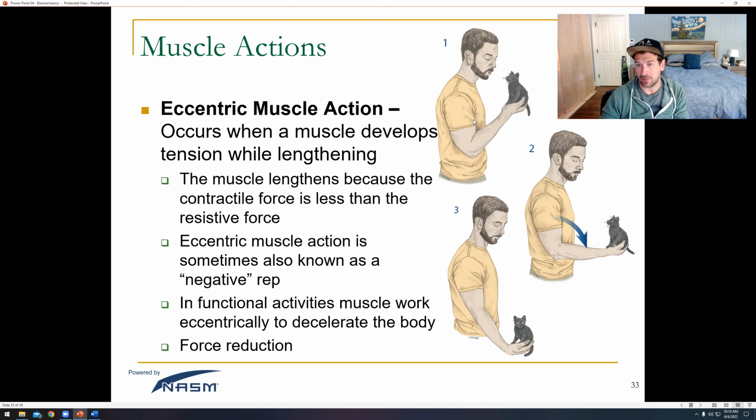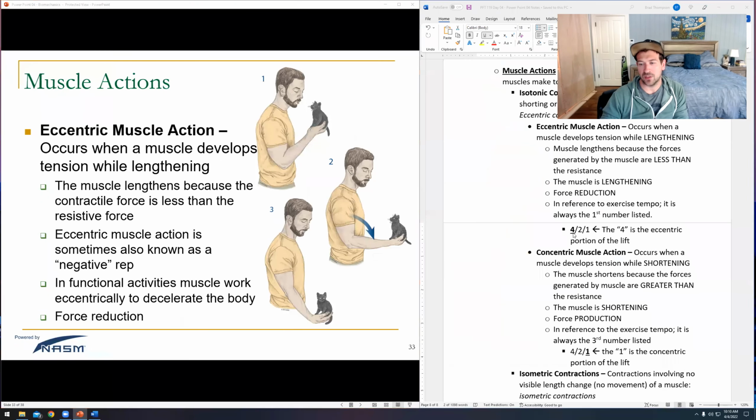That cat weighs 8 pounds. His bicep is generating less than 8 pounds of force. So the cat is going to move away, right? So the muscle is lengthening. It's being pulled apart. That's the negative portion of a rep. So the negative portion of the rep is always the first number whenever we're labeling this out.